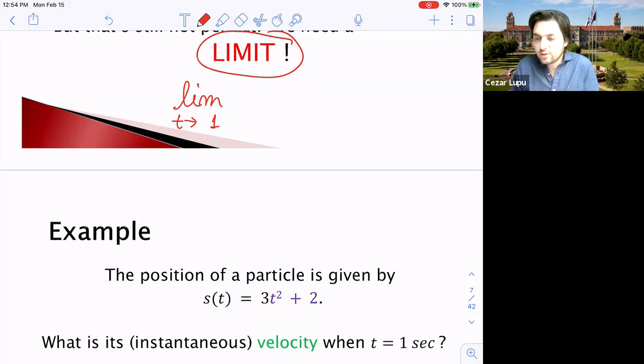In fact, I'd like you to think of this problem a bit, and tell me, what do you think that the instantaneous velocity will be when t equals 1 second?